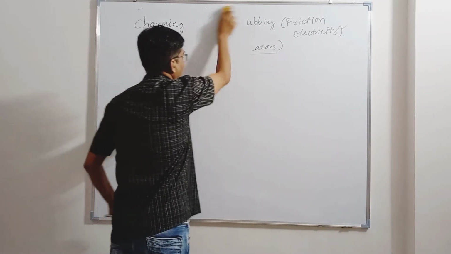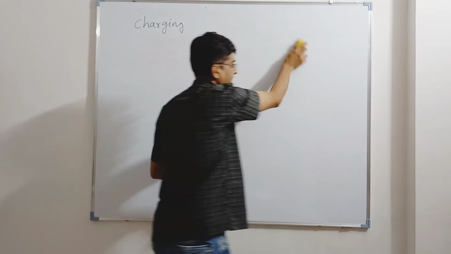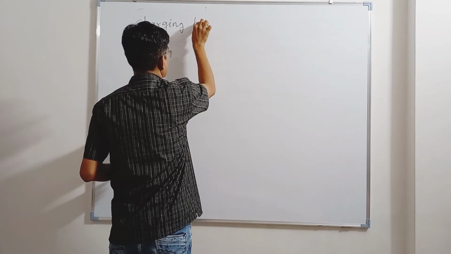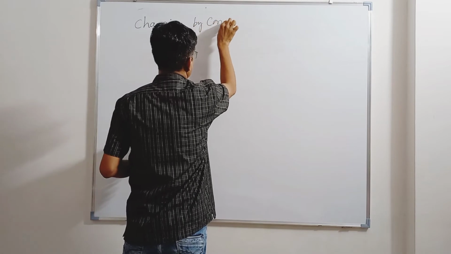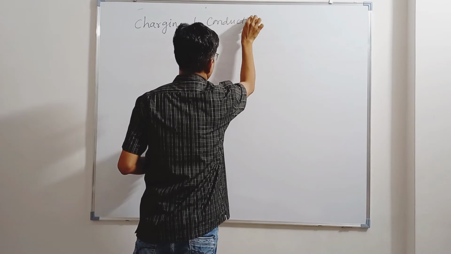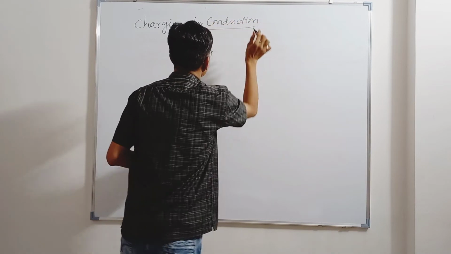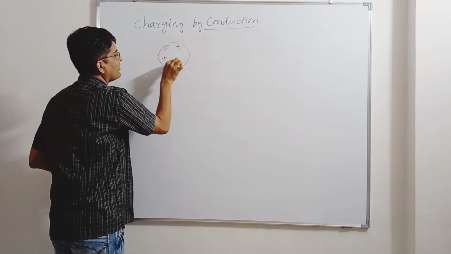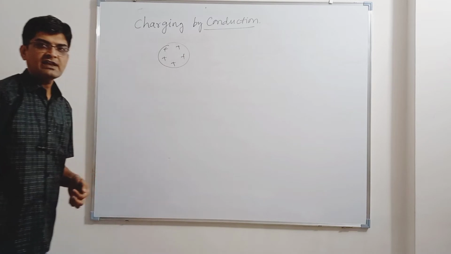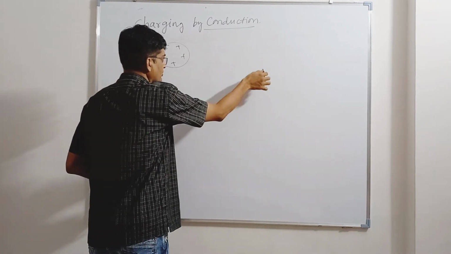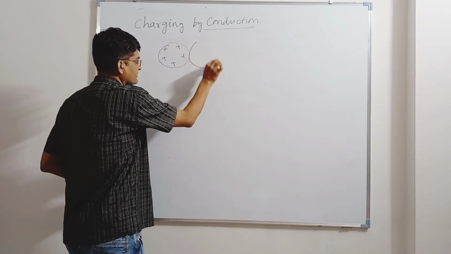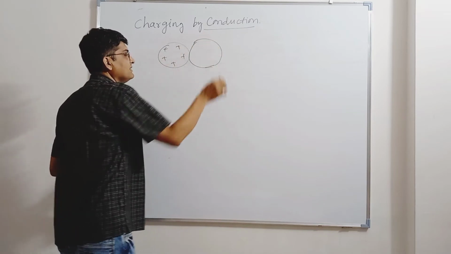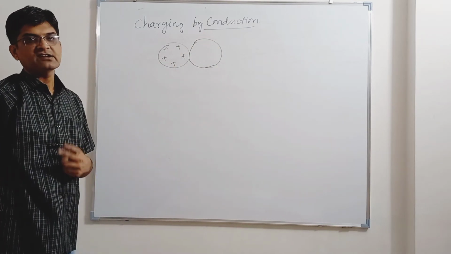Now second is charging by conduction. Suppose a charged body is there which has positive charge, and I bring into its contact an uncharged body, a sphere made of a conducting material, but uncharged.